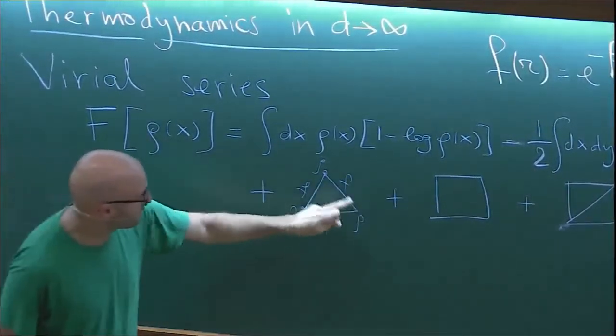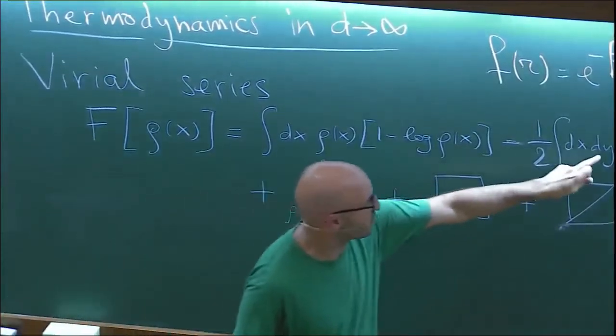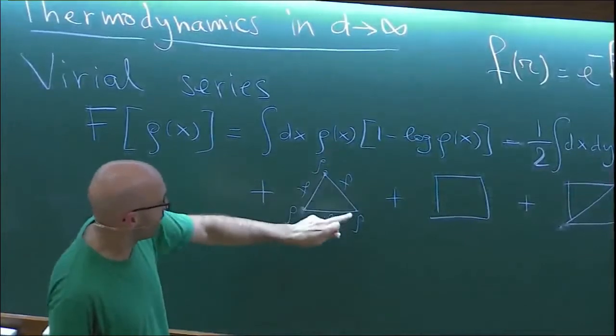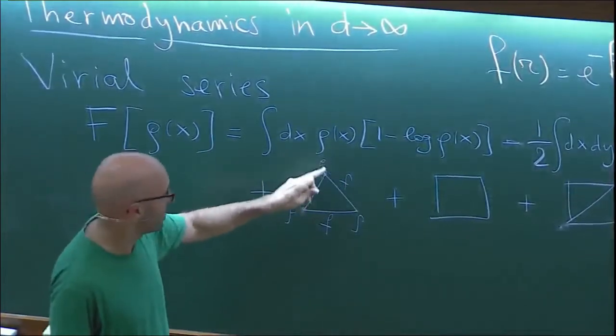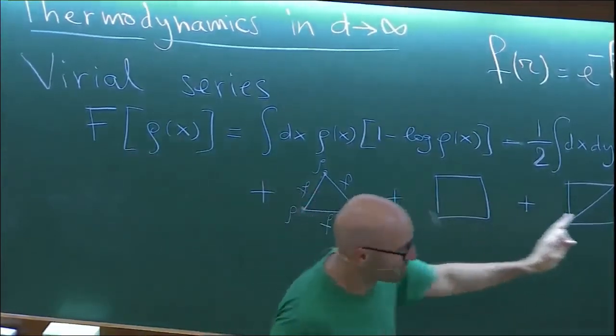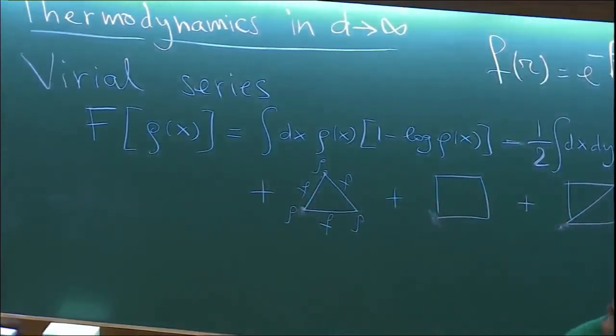So for example, this triangle is going to be an integral over x, y, z of rho x, rho y, rho z, and then you have f of x minus y, f of x minus z, f of y minus z. And then you keep writing terms like this, and you have a series of diagrams that you can characterize.